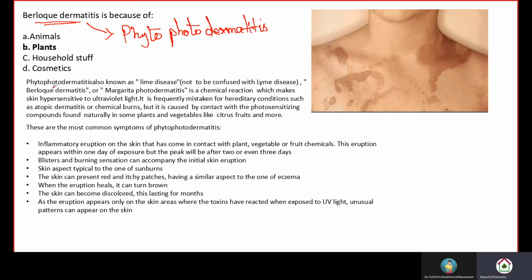It's also called Lyme disease. Very important, do not confuse it with Lyme disease. This is also called phytophotodermatitis.